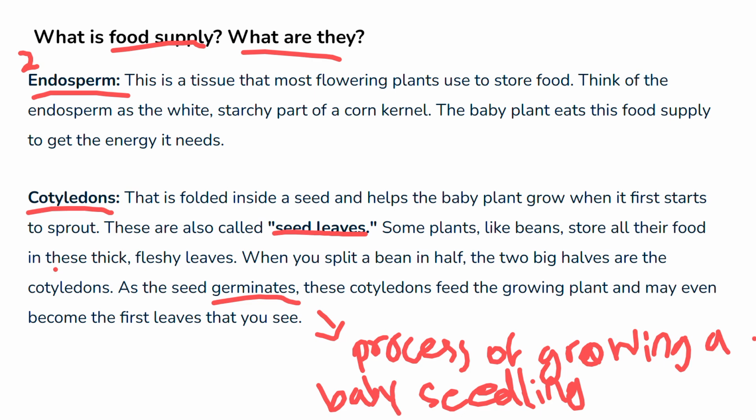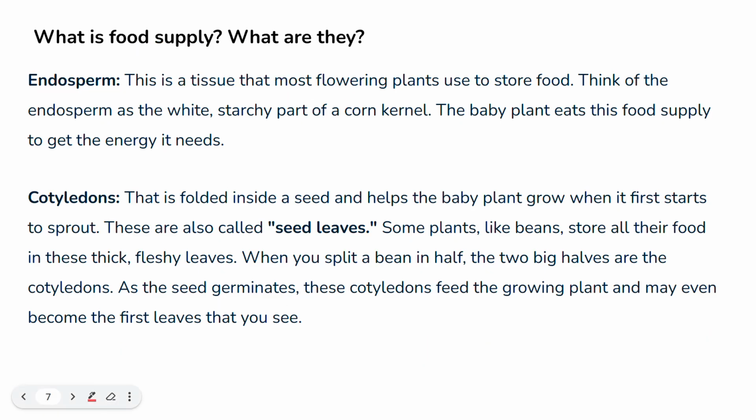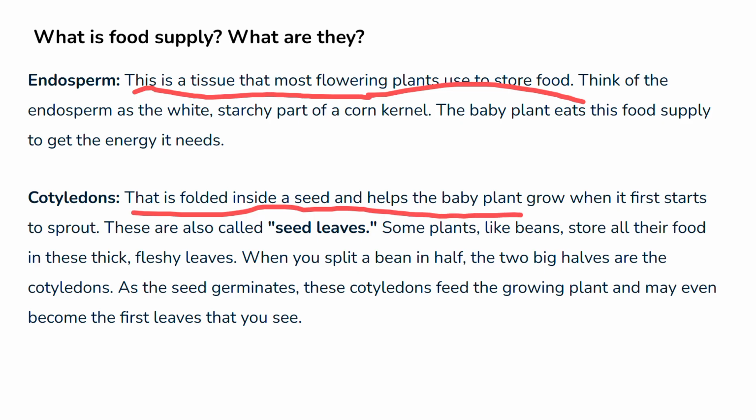Okay? So if you want to take notes, endosperm is the tissue that most flowering plants use to store food. Cotyledon is folded inside the seed. These are the main key points to know, and the others are just for your information.